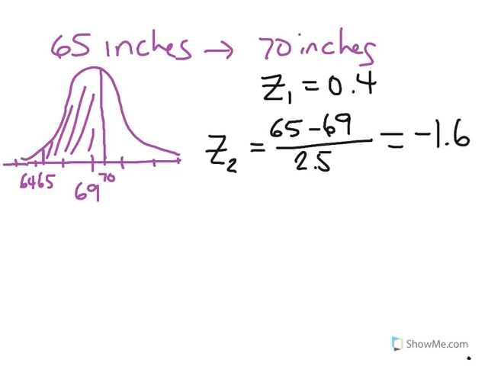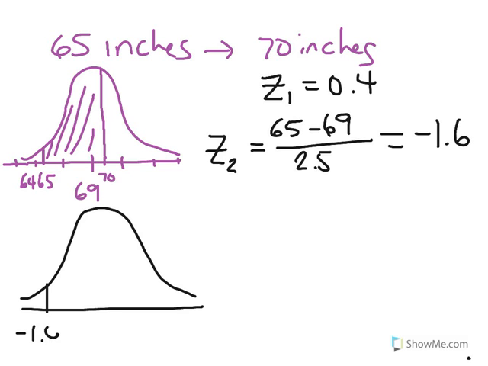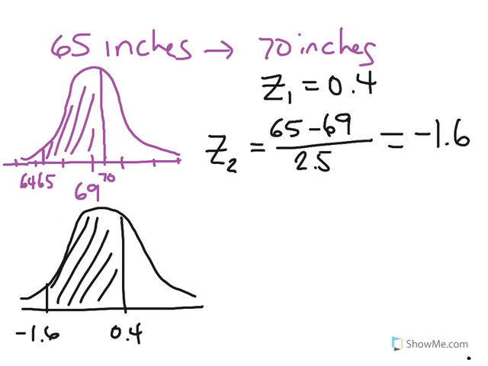So we're finding the area for this other question, or for this other picture. You could think of it this way. I'm really trying to find the area between negative 1.6 and 0.4 if I'm looking at this as a standard normal question. Okay, this is the same area. What I'm going to do now is think about what I've learned from my table.